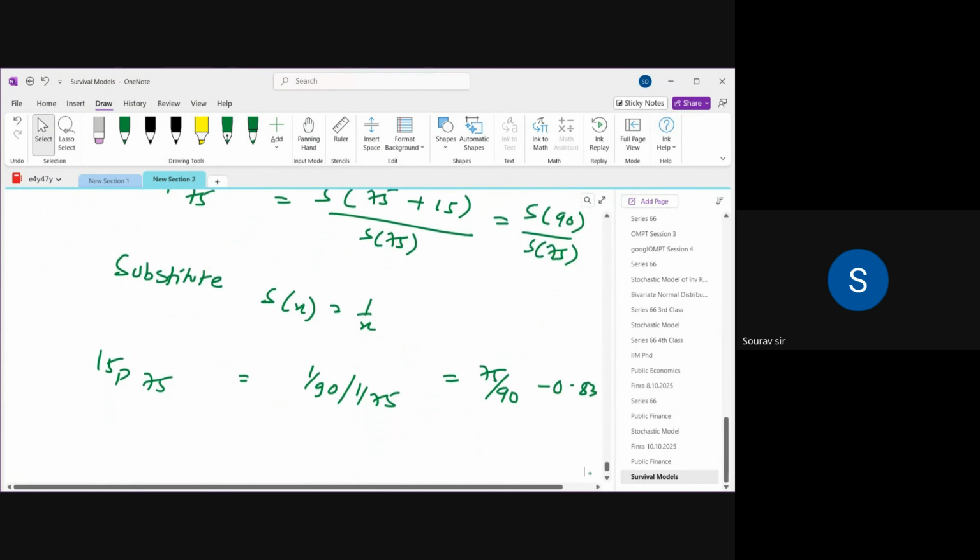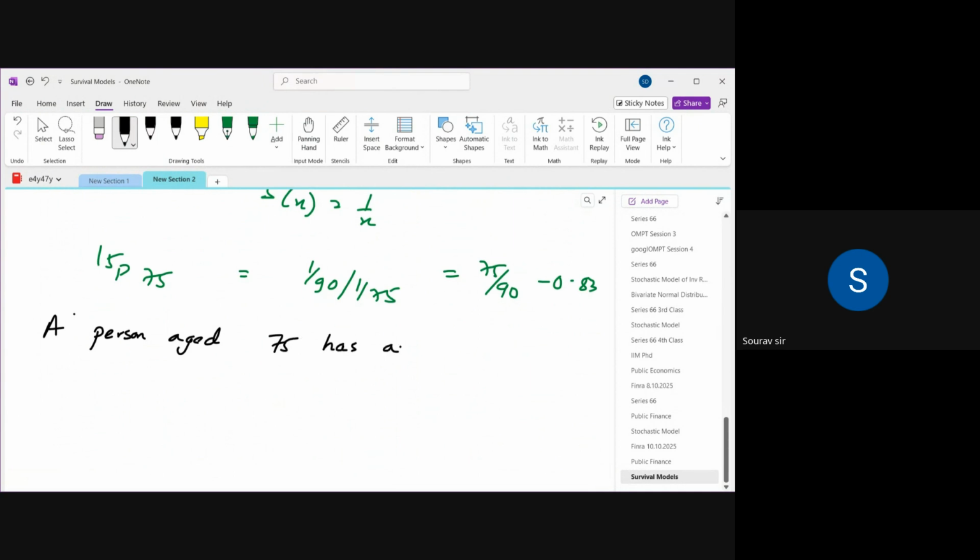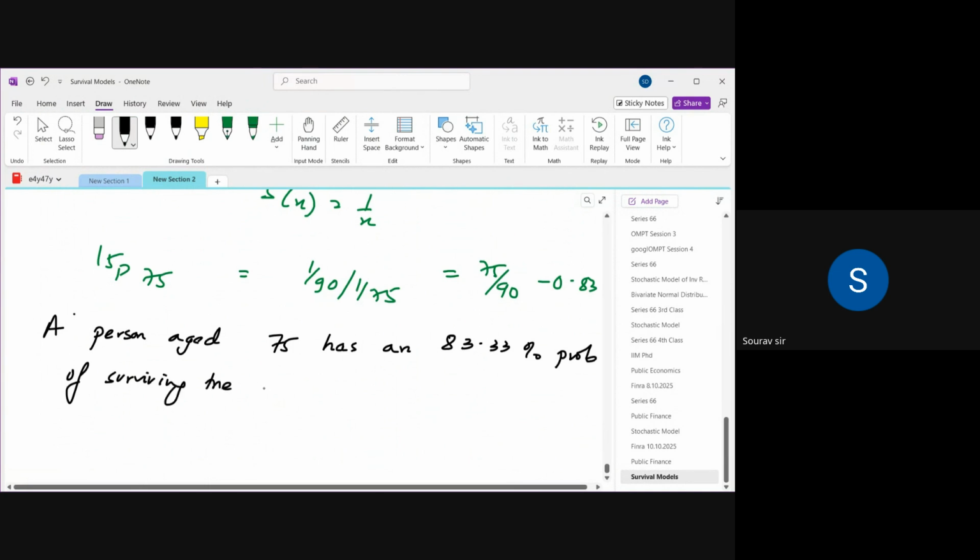So what we conclude here? A person aged 75 has a probability of 0.833 of surviving the next 15 years to age 90.